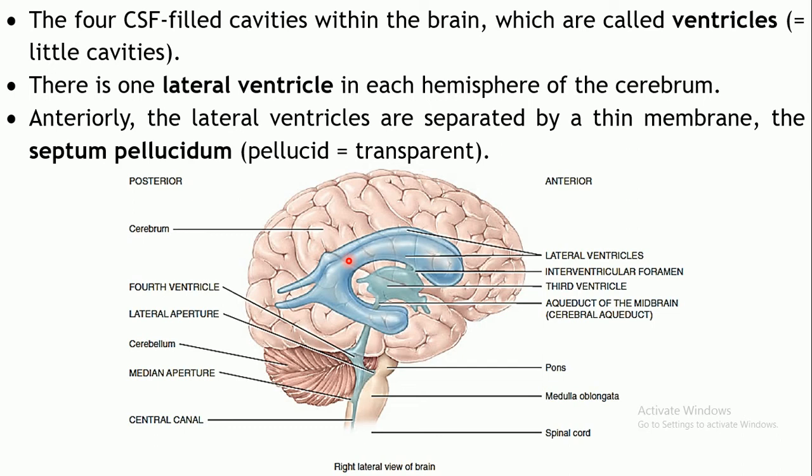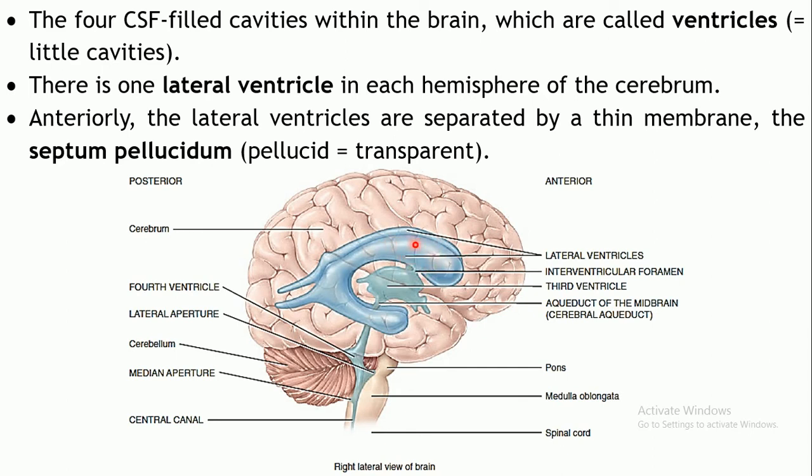So how many lateral ventricles are present? There are two lateral ventricles. As you can see over here, this is the right ventricle and that's the left lateral ventricle. Okay, so these are the two lateral ventricles.